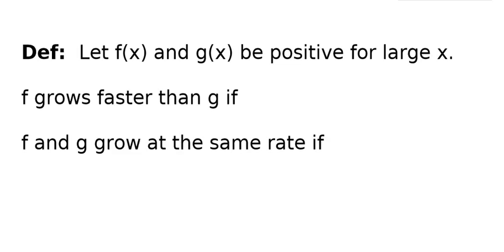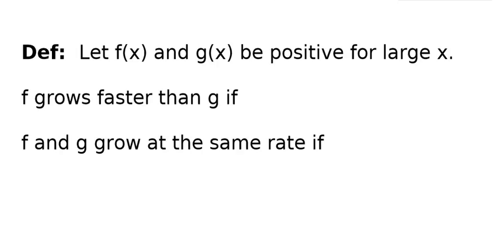So, here's the definition. We're going to let two functions, f and g, be positive for large x. And that simply means if you go far enough to the right on the x-axis, both functions are positive and they stay positive. This whole concept gets much more difficult if that doesn't happen.